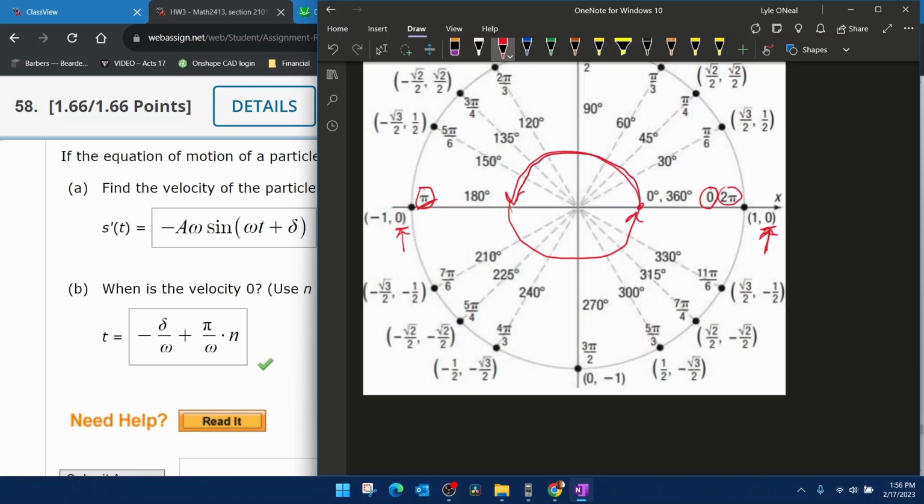So I'm going to be able to make this trip an infinite amount of times, either clockwise or counterclockwise. As long as I start at 0 and increment by pi, I'm going to get solutions to this equation.